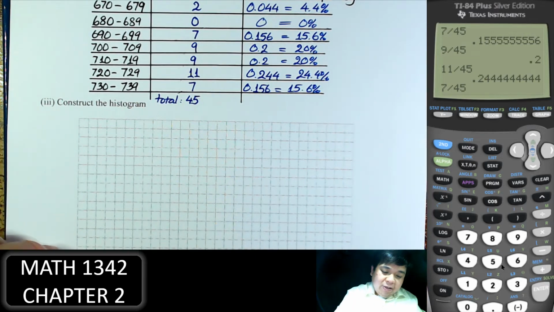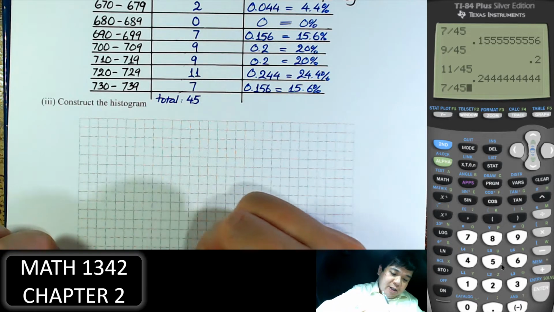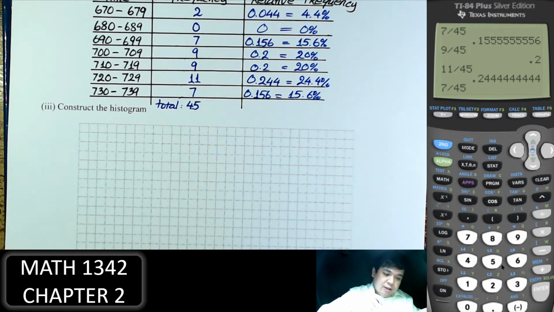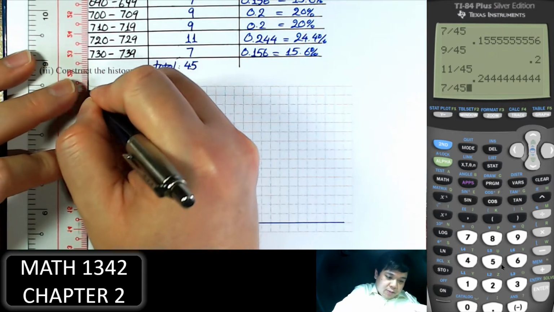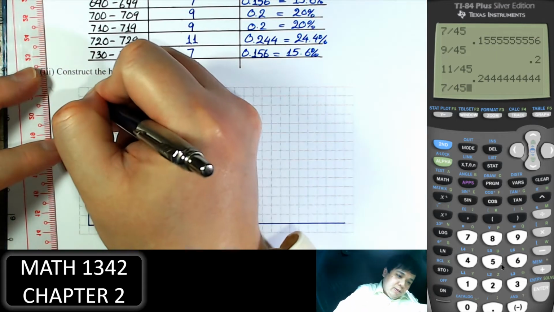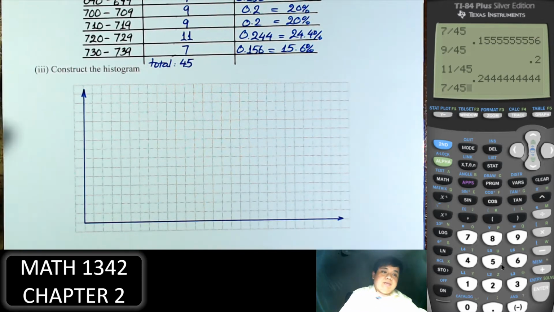So let's draw a graph here. We have from 670 to 740.